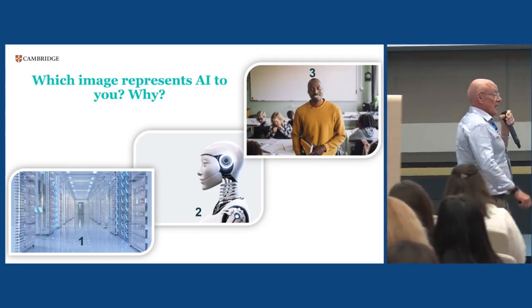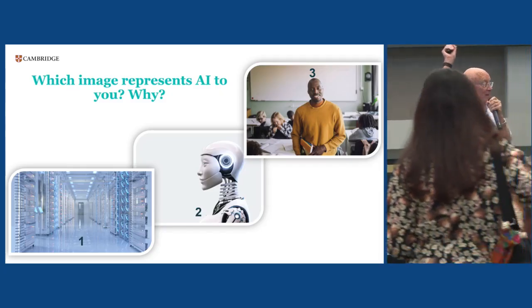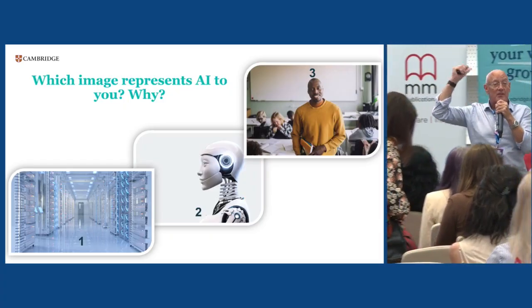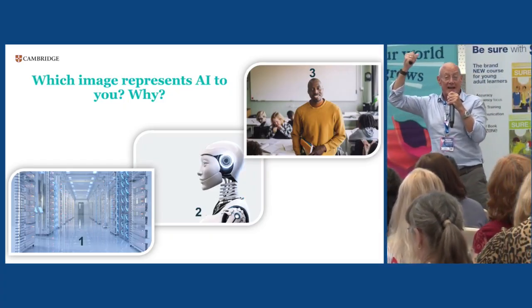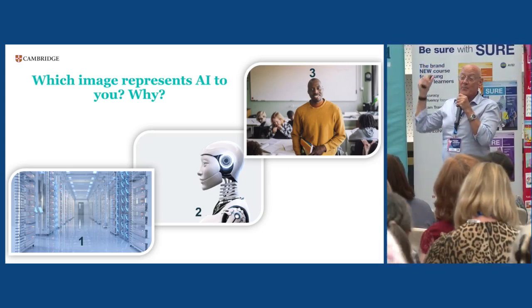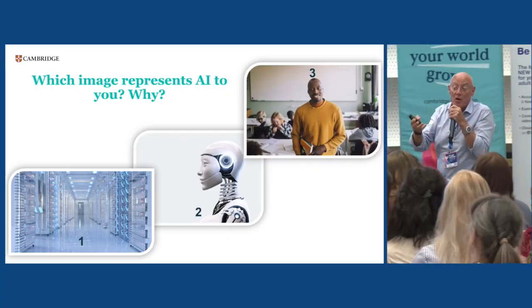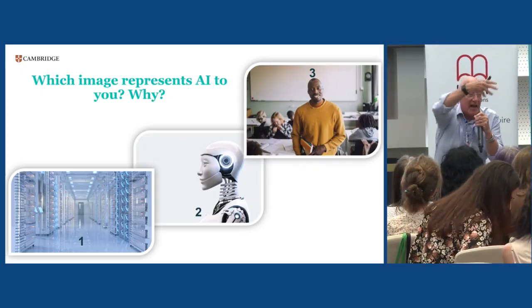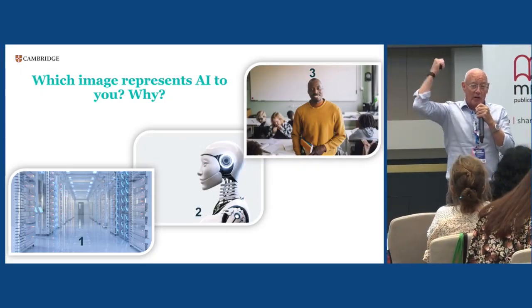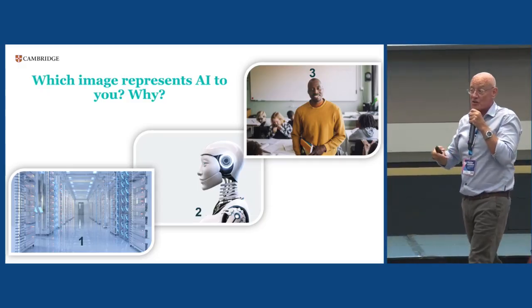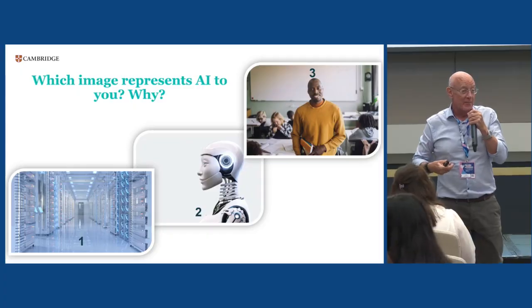Yeah? Who thinks it's 1? Quite a few of you. Yeah, I mean, I must admit, until quite recently, this was my image of AI, something which is bad for our planet. Apparently, maybe you know this, but there are aircraft hangars full of computers which support our use of AI.